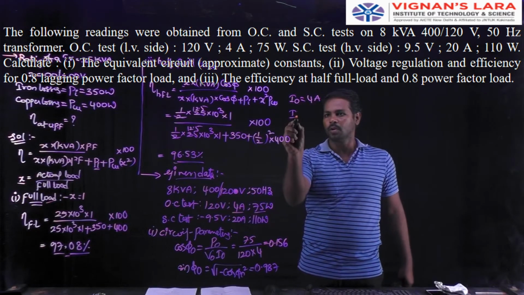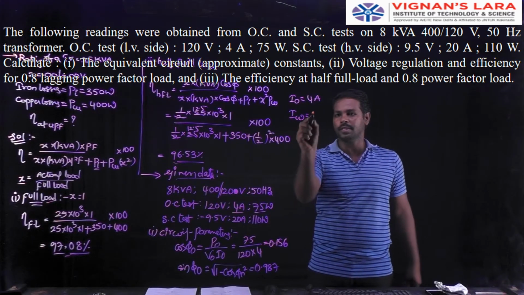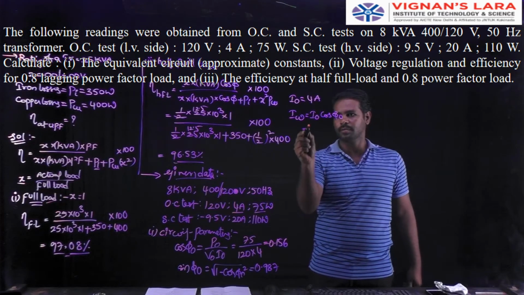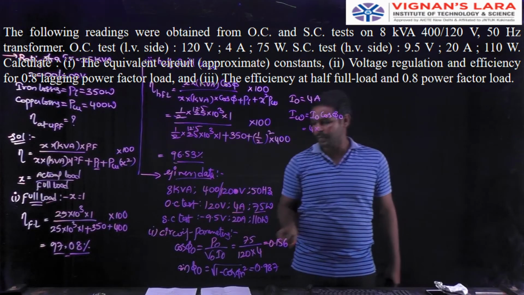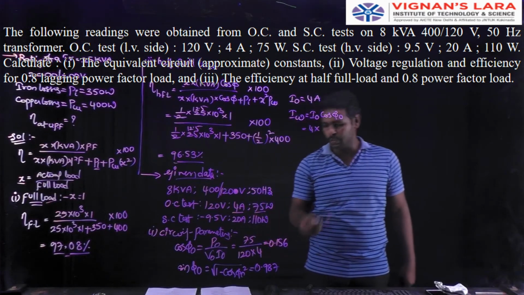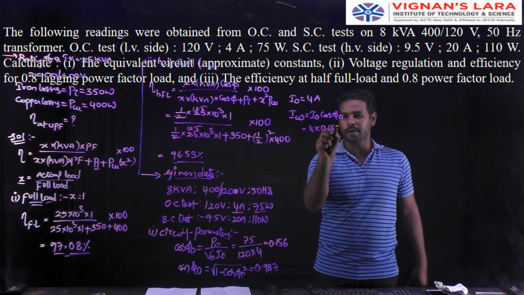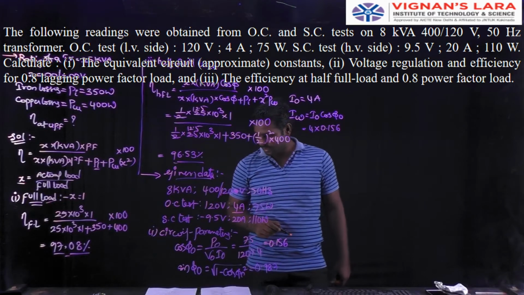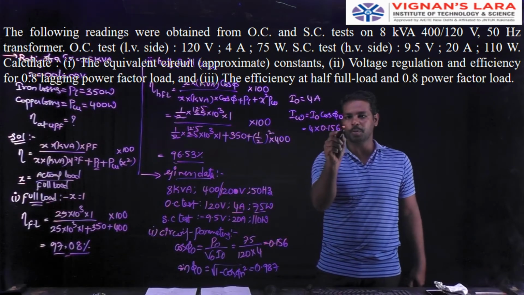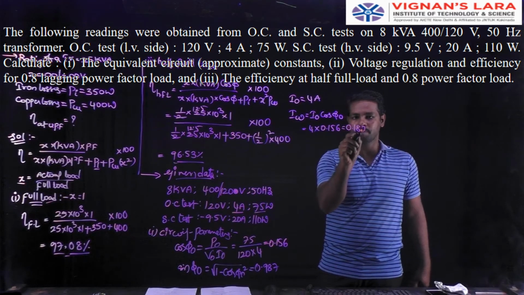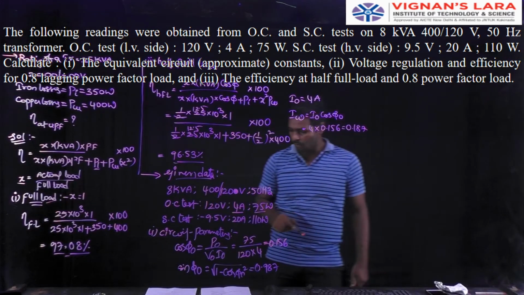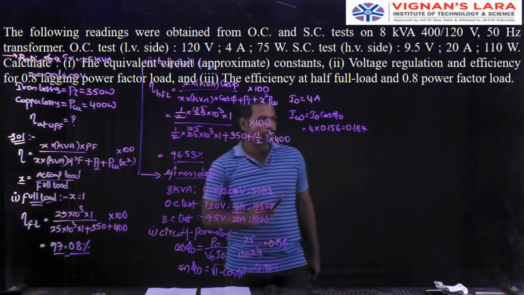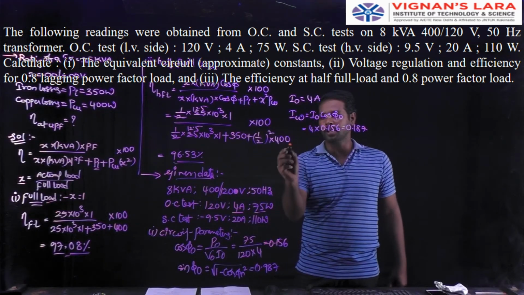Then the core loss component IW is I naught into cos phi naught, which is 4 into 0.156, equal to 0.187.